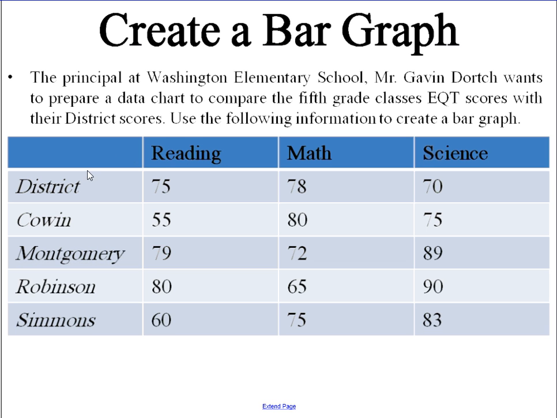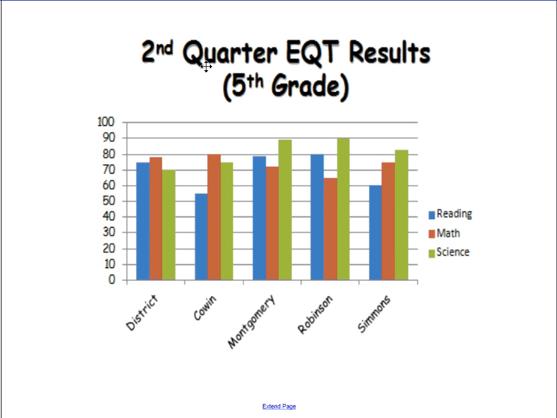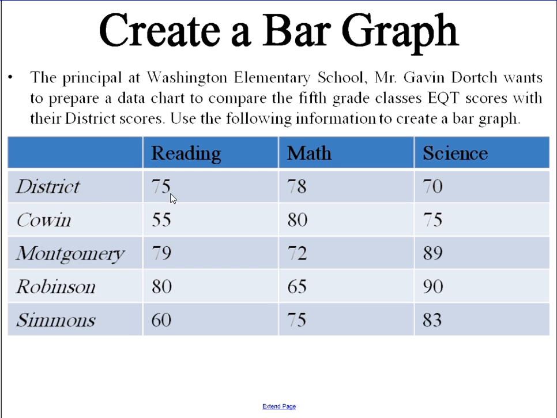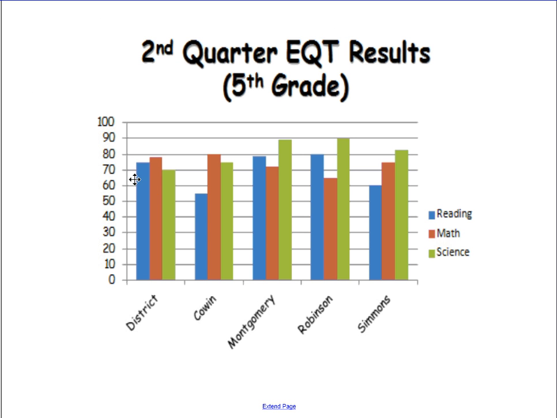In order to create a bar graph, the example I'm going to show you is one bar graph displaying all 3 subjects. You could technically also create 3 separate bar graphs, but in this case it's easier to just put it on one bar graph as shown here. So for example, the district average for reading, which is blue, was 75, which is shown here.